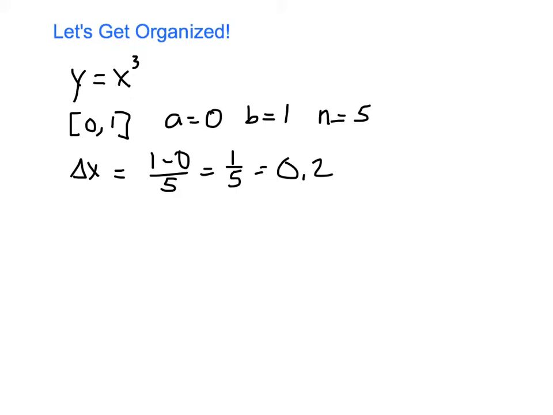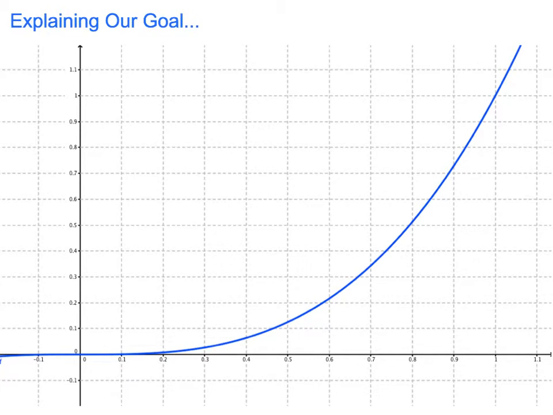And then what we're going to do is use this subinterval width to make 5 subintervals. Let's go back to that graph and see if I can show you what this means. So here's our picture, and remember that we're working between 0 and 1, so our boundaries are like here and here. And then what we want to do is divide this interval 0, 1 into 5 subintervals.